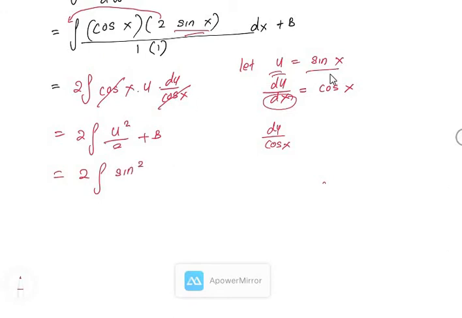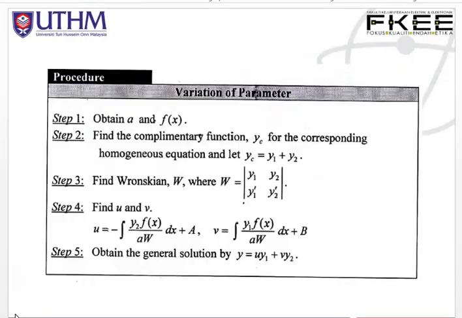So it's u, integrate u du. Integrate u, you will get u squared over 2 plus b. So now we get 2, and u is sine x, so sine squared x over 2. This one can cancel out, so we get sine squared x plus b.